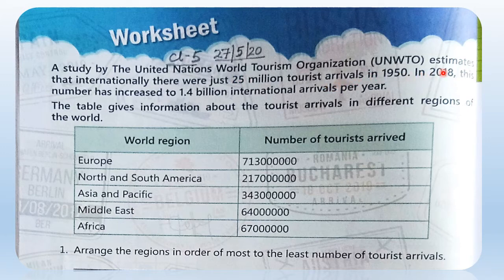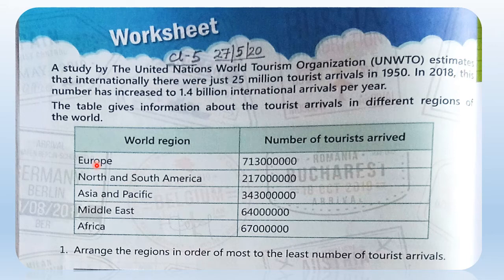In 2018, this number has increased to 1.4 billion international arrivals per year. The table gives information about the tourist arrivals in different regions of the world. Now, world region and the number of tourists arrived.